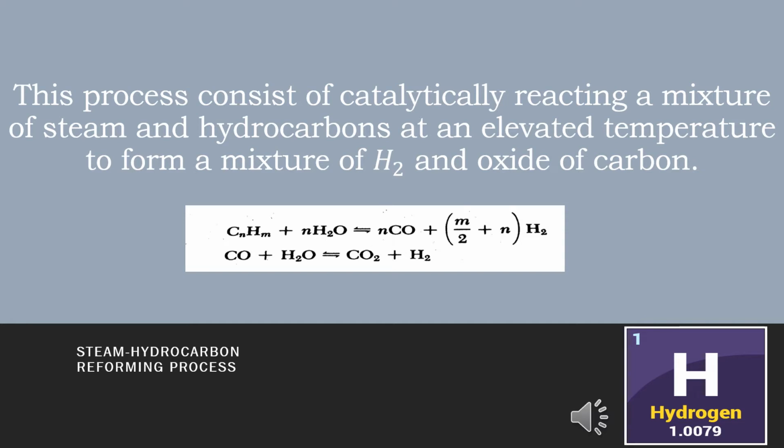Although the equations are shown for the general case of any hydrocarbon feed, only light hydrocarbons have been successfully used in commercial practice. Natural gas is most common and propane and butane or LPG are also frequently used. With the use of a specially prepared catalyst, naphtha is also a suitable feedstock.